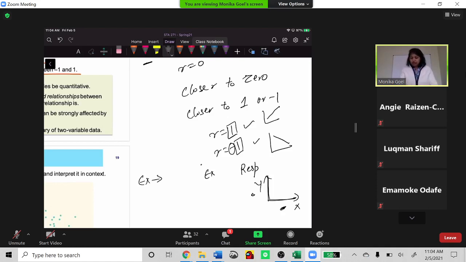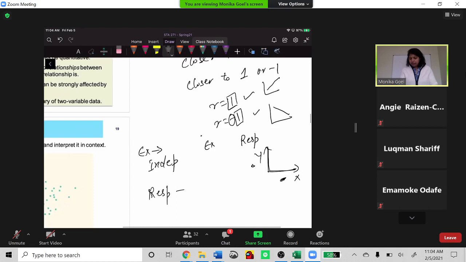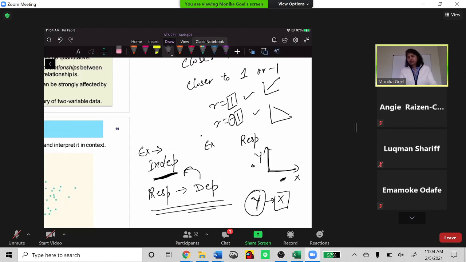Explanatory variables are also called independent variables, and response variables are called dependent variables, because you will not get a response until there is an explanatory variable. So they are not dependent on anything, but response variable is dependent on my other variable, or you can say that Y is dependent on X. You cannot get a response. If I ask you a question, then only you will give me a response. You will not give me a response if no question is being asked. So response variable is dependent on explanatory variables. So it is also called independent and dependent variables.